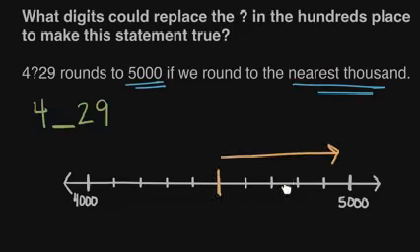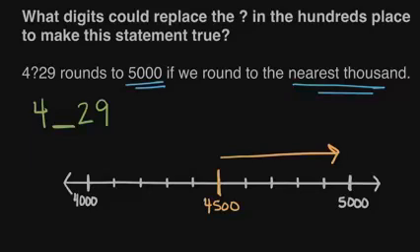From the halfway point up, we'll round up to 5,000. So knowing that this right here is 4,500, what digits could we fill in here to get a number that's greater than 4,500? Because anything less than that is going to round down, be closer to 4,000.